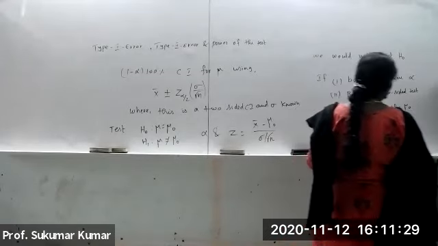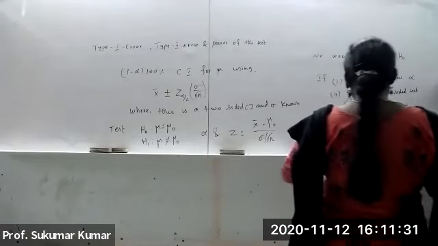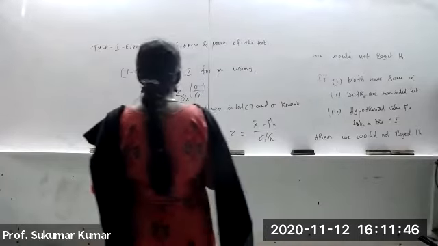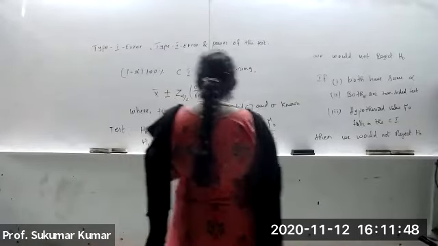Then we would not reject the null hypothesis. With the same alpha, the test statistic and confidence interval correspond. Next example.